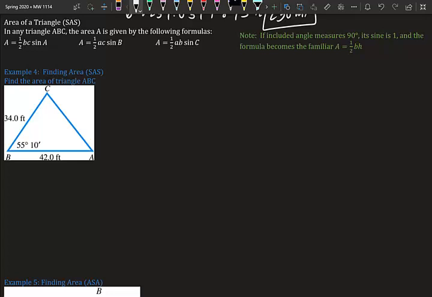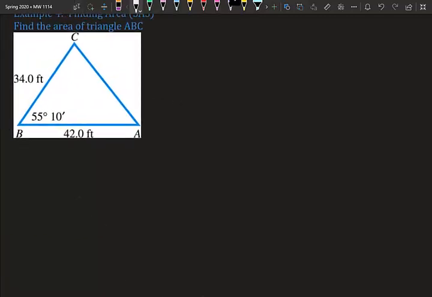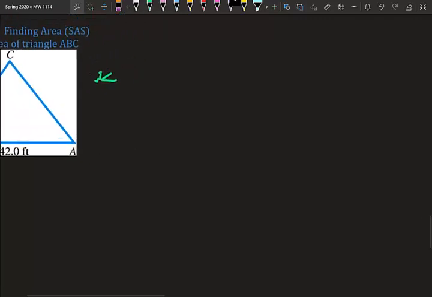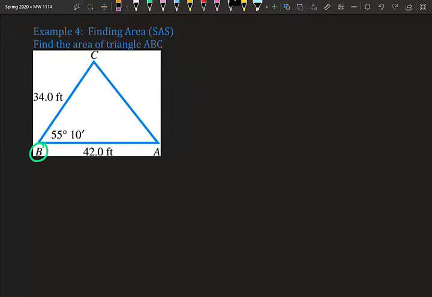Alright, let's go ahead and figure out what we're given, to find the area in example 4. We're given angle B, which is 55 degrees, 10 minutes.